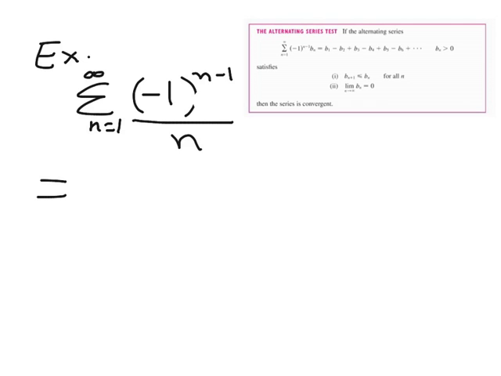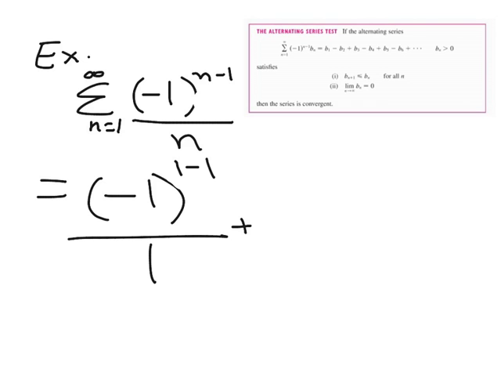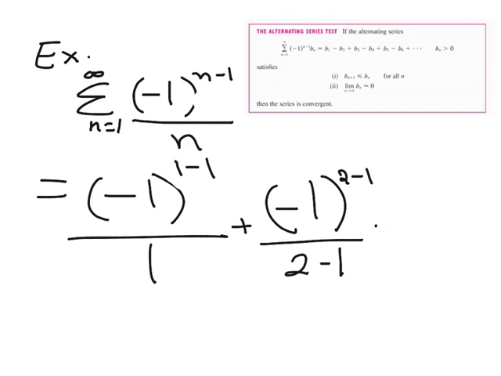If we have such a series starting from 1, our first term is going to be minus 1 over 1, plus minus 1 over 2, plus minus 1 over 3 in the bottom, and we could keep doing that.